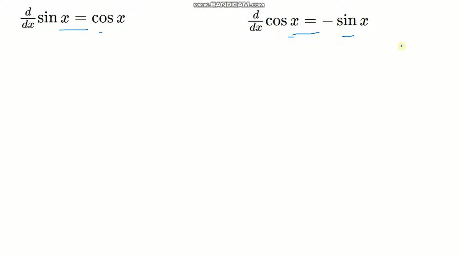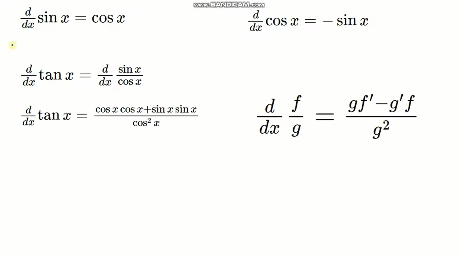Let's proceed with the derivative of tangent x first. Tangent x is the same as sin x over cosine x. So the derivative of tangent x is the same as the derivative of sin x over cosine x. Using the quotient rule, we square the denominator, so we have cosine squared x.